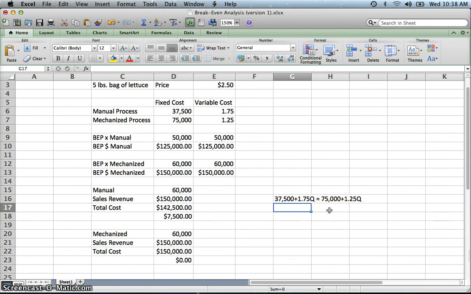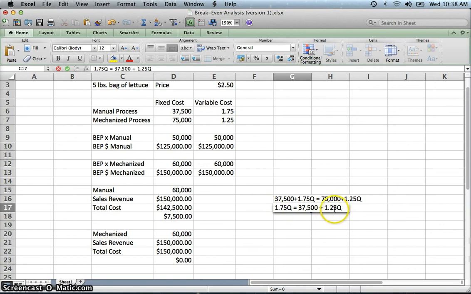So we would wind up with $1.75 times Q equal to 37,500, because I've subtracted 37,500 from both sides, plus $1.25 times Q. Now let's subtract $1.25 Q from both sides.